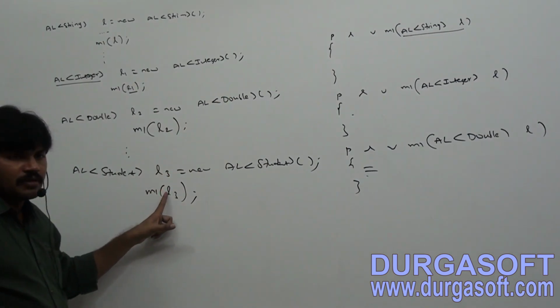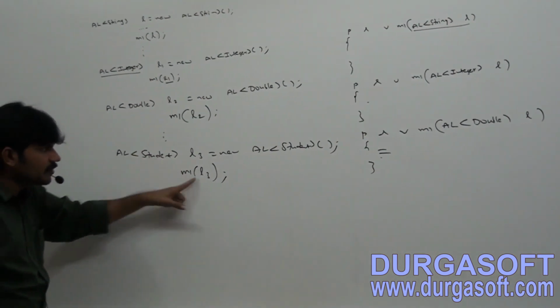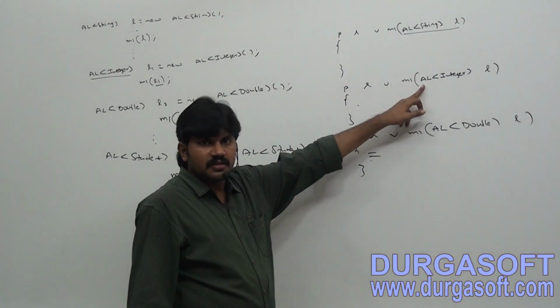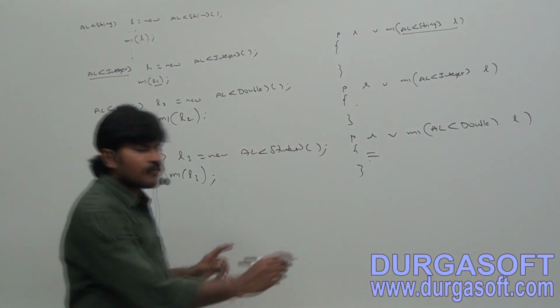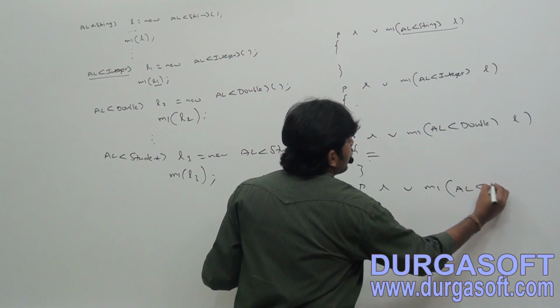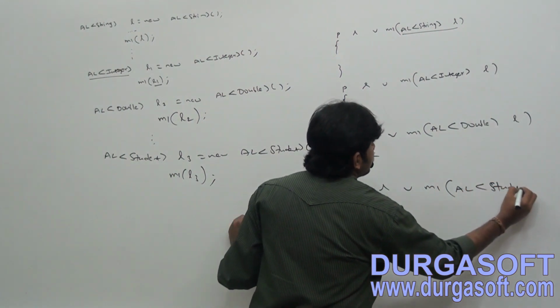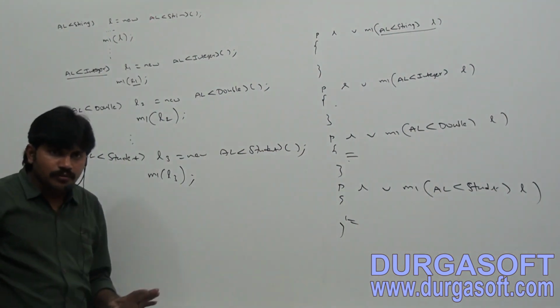No. The second method? No, because here it is Student but the second method is Integer. The third method? No. Compulsorily we should go for a new method: public static void m1 of ArrayList of Student L. Are you getting it?